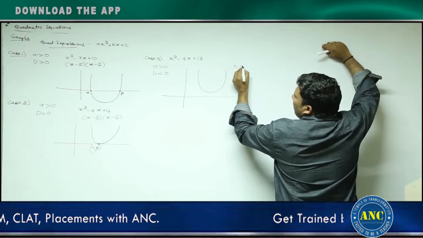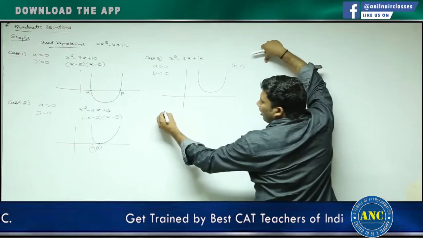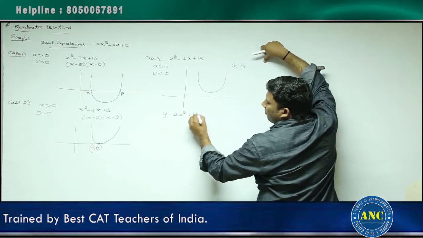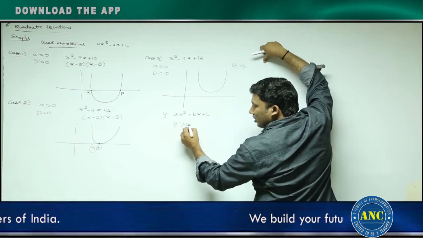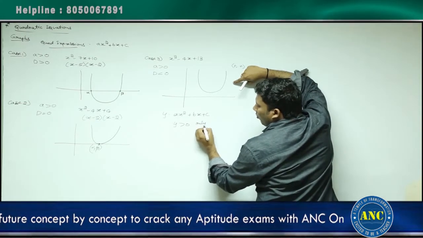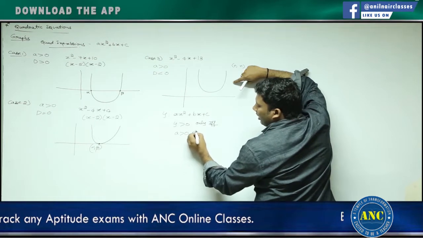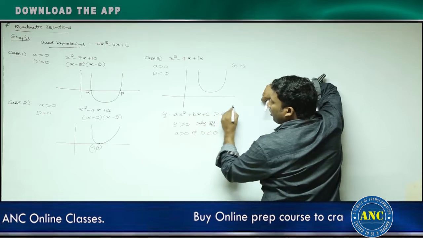So, now another important point. In the first quadrant, x is positive, y is positive. So, if I call the quadratic expression y equals ax square plus bx plus c, this y will be greater than 0. Y is greater than 0 only if A is greater than 0 and D is less than 0. Very, very important point.